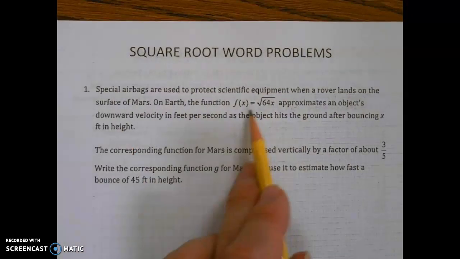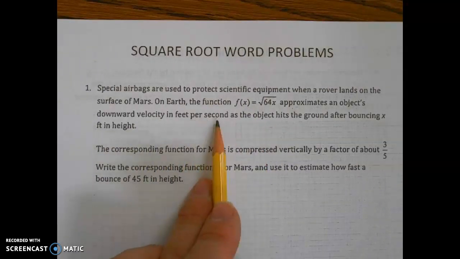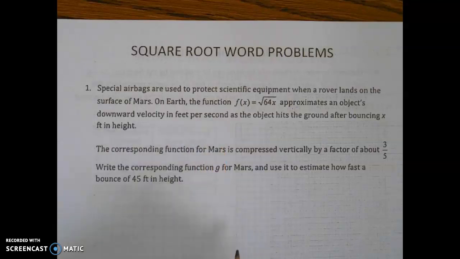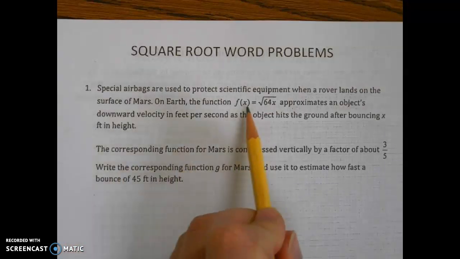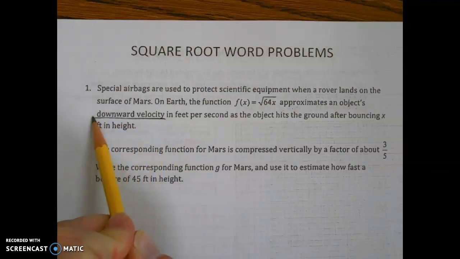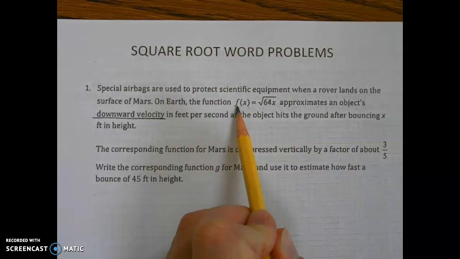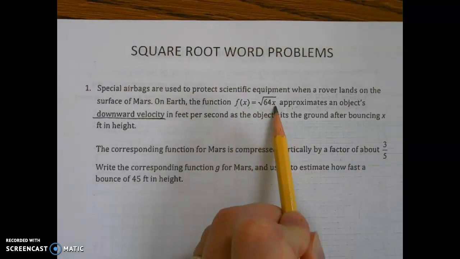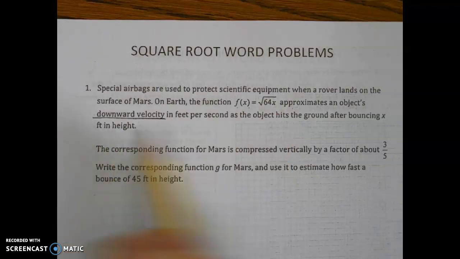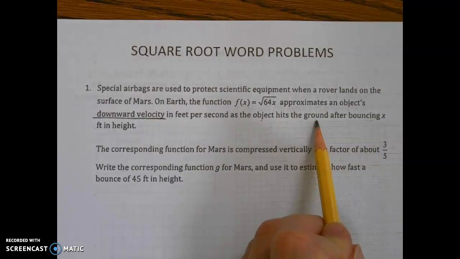So here we have the function, and it's going to represent the downward velocity in feet per second. So what's important here is that the velocity, the downward velocity, is going to be the function f, and x is going to represent the height that the object bounces after it hits the ground.